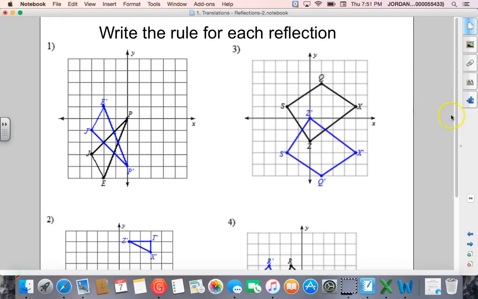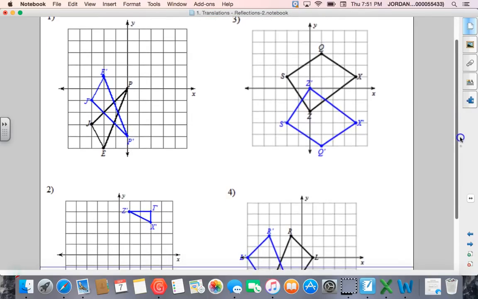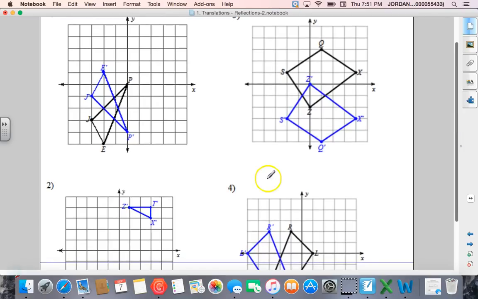So now we have to actually write a rule for these reflections. Essentially the rule is going to be something like reflect over, and then the line that we're reflecting over. So right here we would say reflect over.